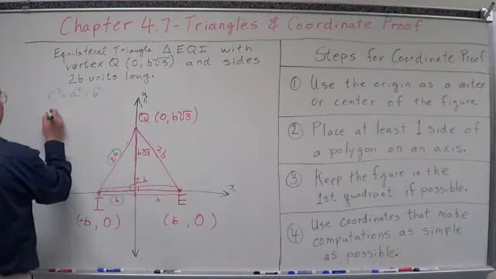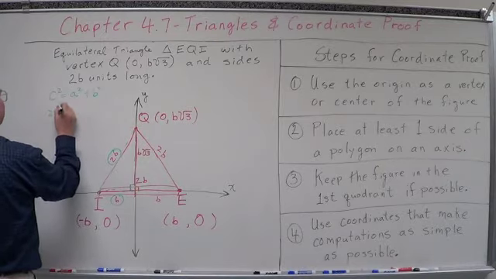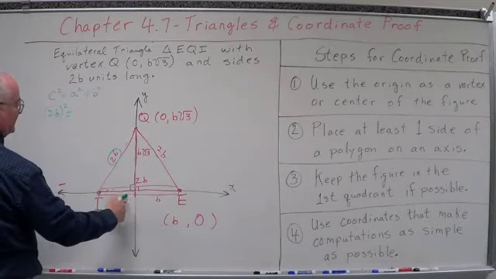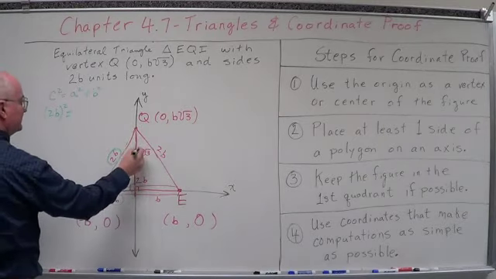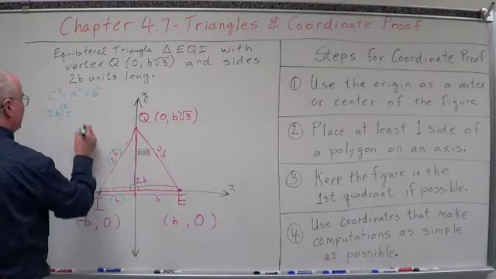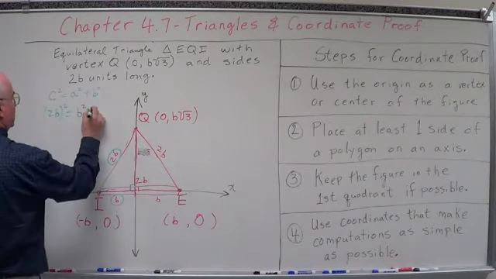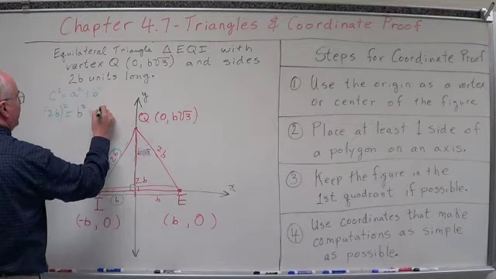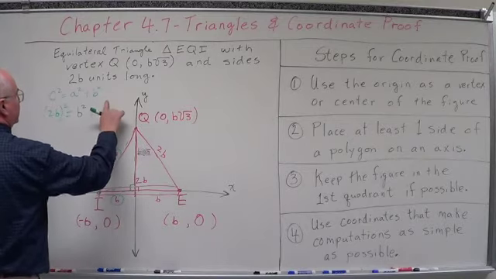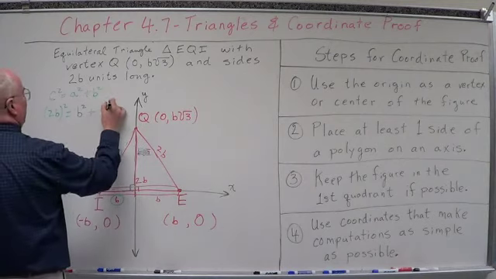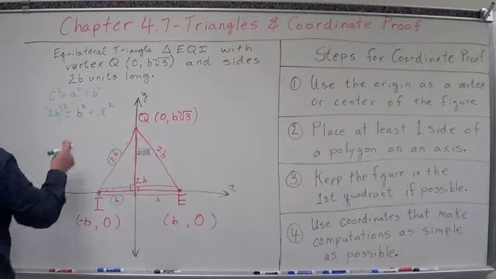If we square that, that's going to be 2b squared equals, we have this side, but we don't know this side. Let's play like we don't know that side. We have b squared plus some unknown x squared.